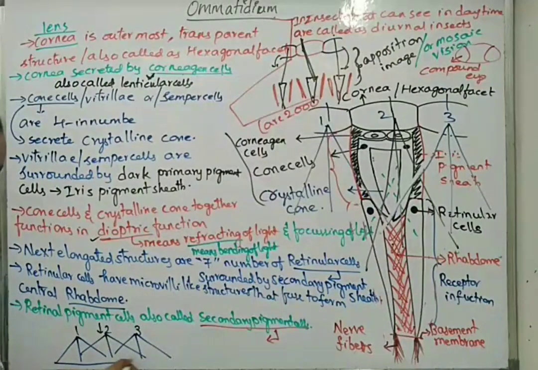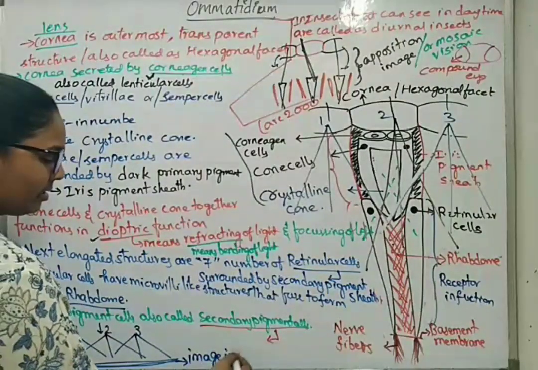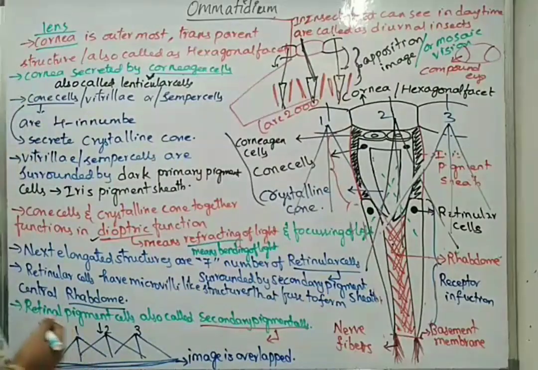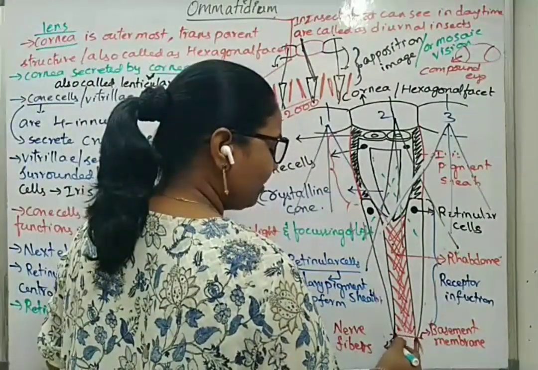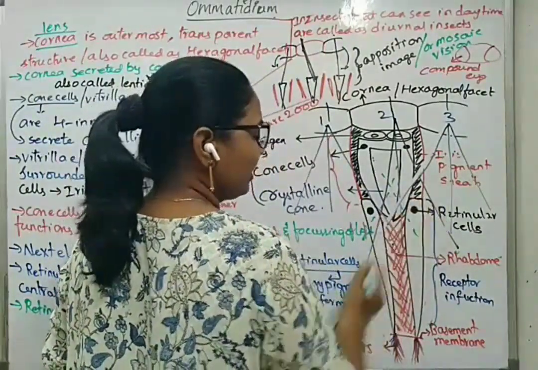So here we get a confused or overlapped image. And that overlapped image is received by the photoreceptors present in the retinal cells.